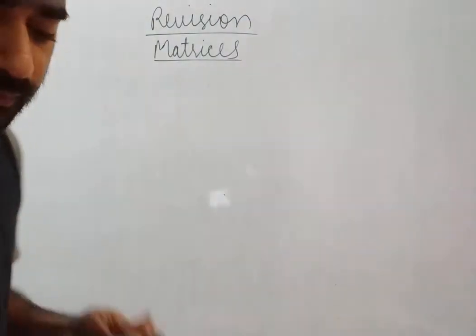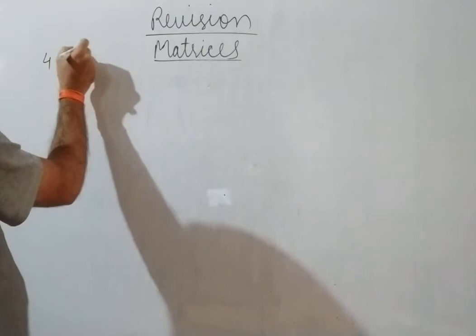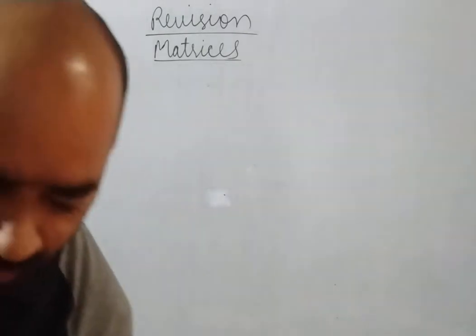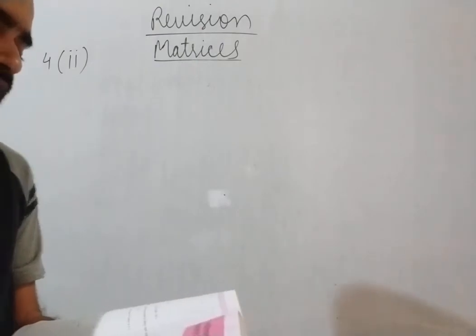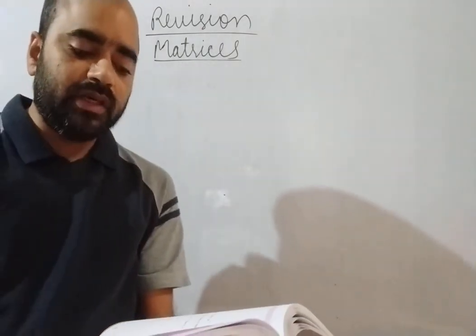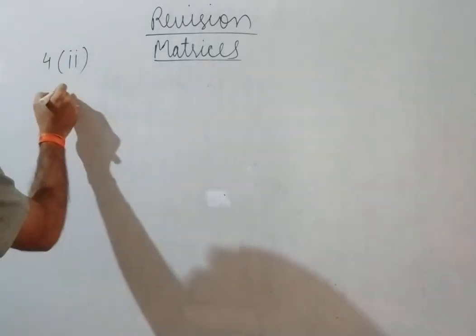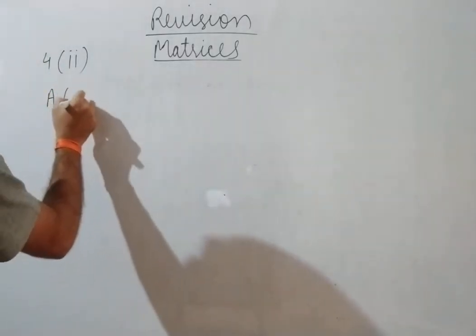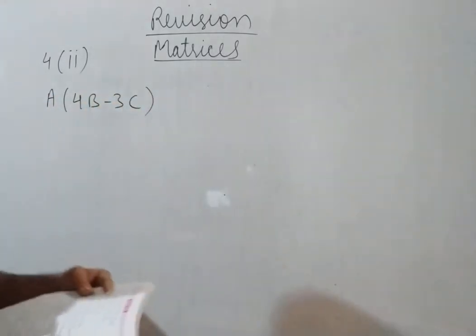In question number 4 second part, what we have to find? In 4 second part, A, B, C, 3 matrices are given. We have to find A multiplied by 4B minus 3C. This matrix we have to find.